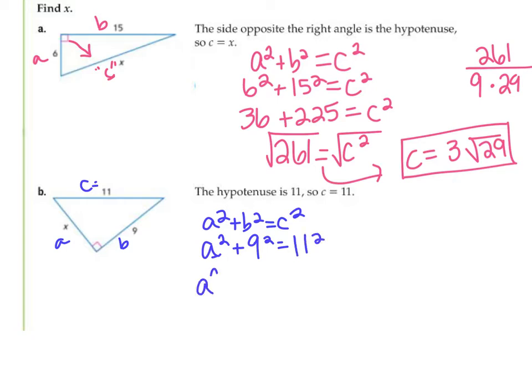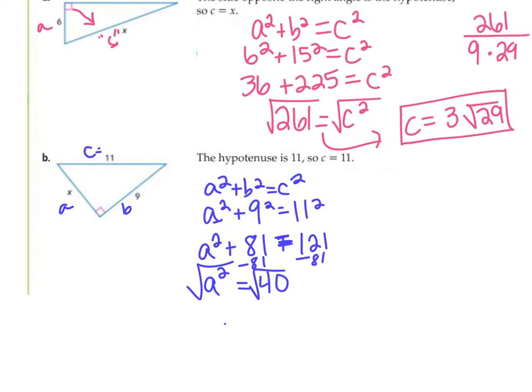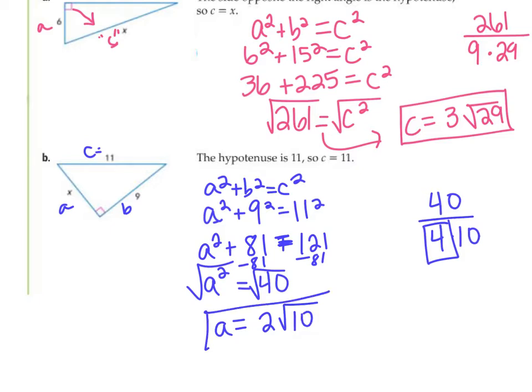So then we will simplify a little bit. 81 plus 121, so now we'll have a squared minus 81 on both sides equals 40. Take the square root, so a, or our leg, will equal, think of your factors of 40, 4 times 10. We know 4 is a perfect square, so this could be 2 square root of 10.